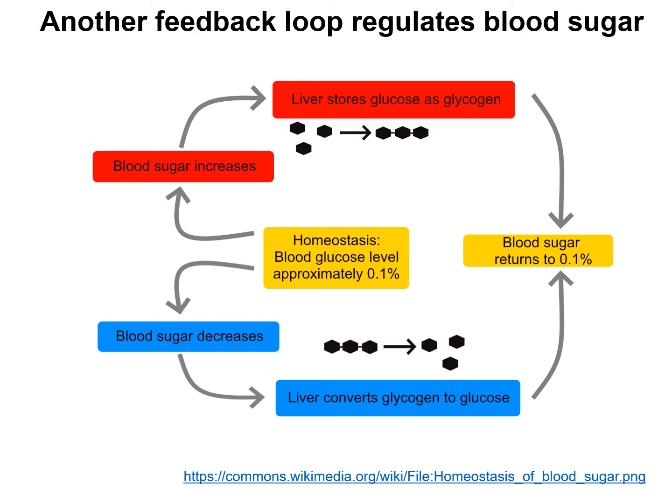Once the blood sugar increases, messages are sent to the liver to begin to store glucose as glycogen and bring it back. Once the blood sugar decreases, a different message is sent to the liver, which is to convert the glycogen that was stored earlier to glucose. So therefore, the storage of glycogen, as you can see, basically acts as a backup mechanism in case the blood sugar decreases.